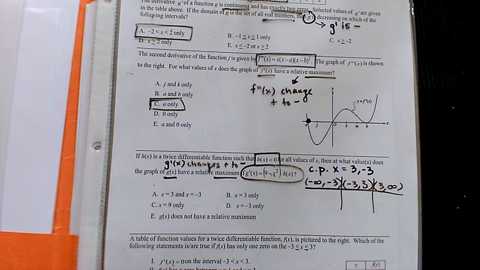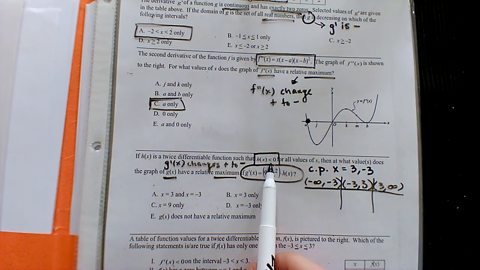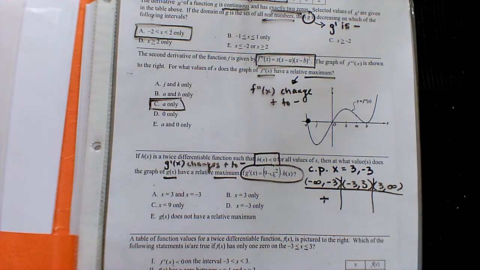Pick something between negative infinity and negative 3. Negative 4. 9 minus negative 4 squared is something negative, okay, times h of negative 4, which is always negative, so that would be positive, okay?